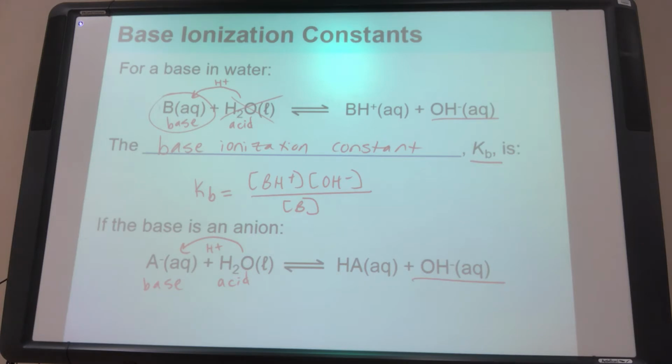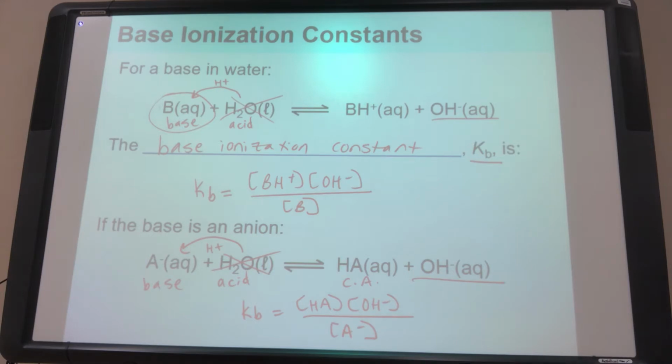HA can be my acid notation, or it can be the conjugate acid of my base. So it could be a conjugate acid versus just the acid I'm starting with. So Kb here would be HA times OH-. Water doesn't count, over A-. So those are my generic ways of writing my base ionization constant.